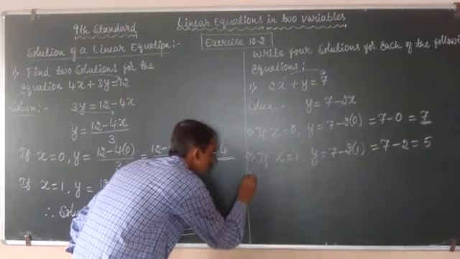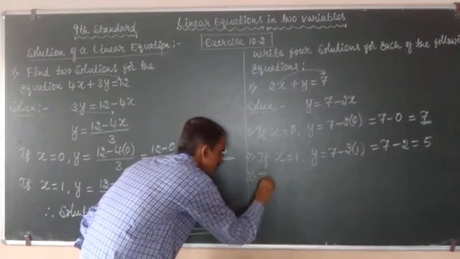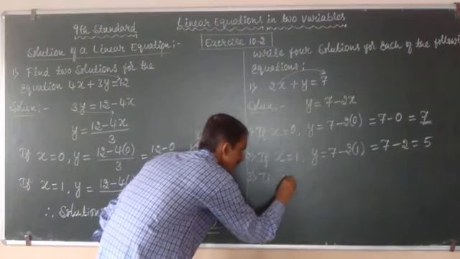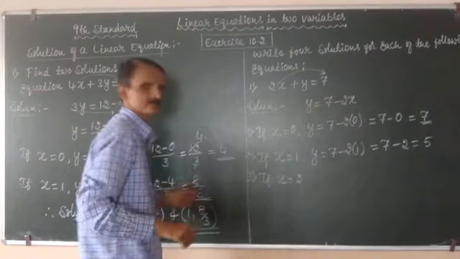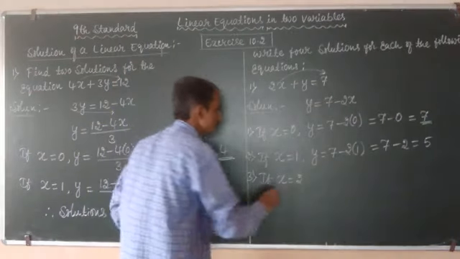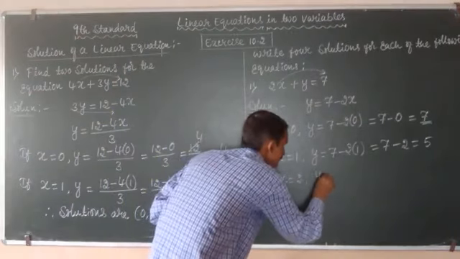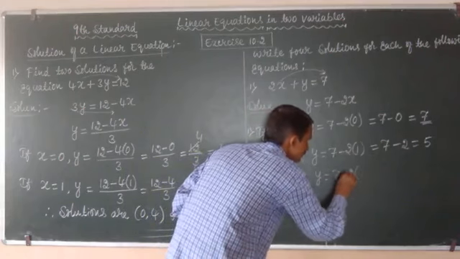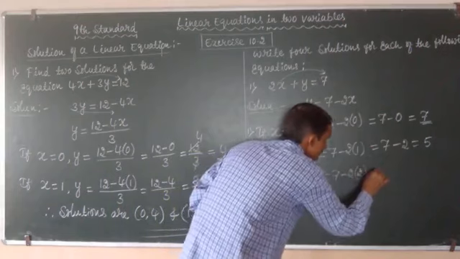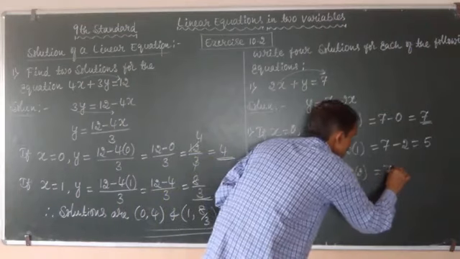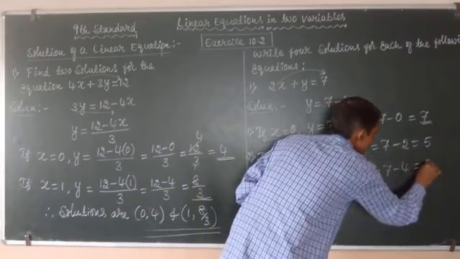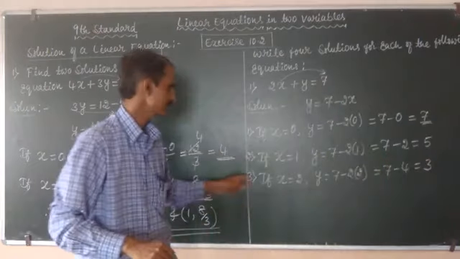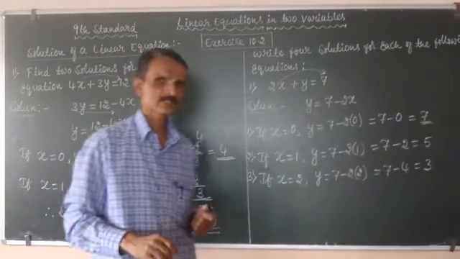Now third way, if x equals 2, y equals 7 minus 2 into 2, so equals 7 minus 4 equals 3. So if x equals 2, y equals 3.